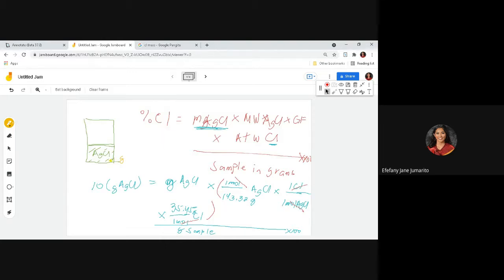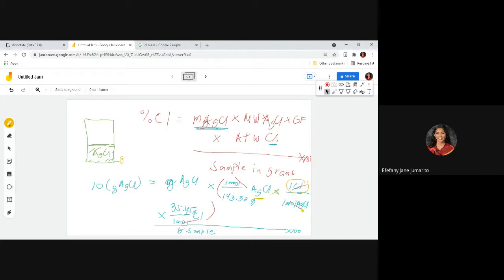If you are given that your percent Cl is to be 10 times the grams of AgCl, we don't know the grams of AgCl, so we just write it. But we know the molecular weight, 143.32 grams per mole. Because we are looking for Cl, let's multiply it with the gravimetric factor.